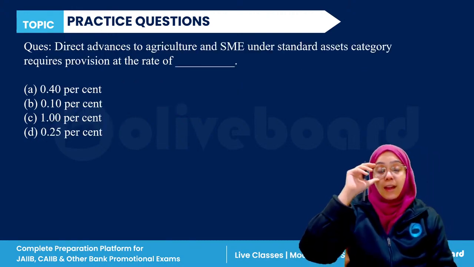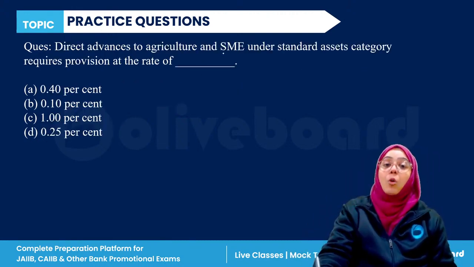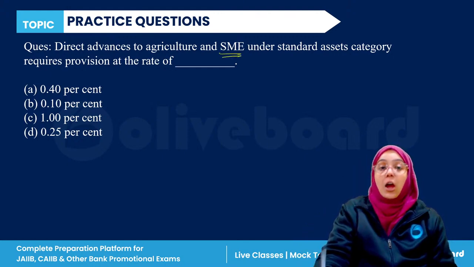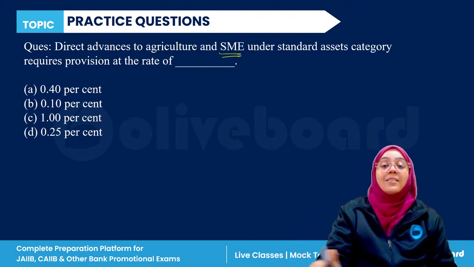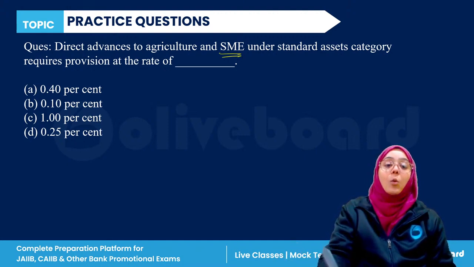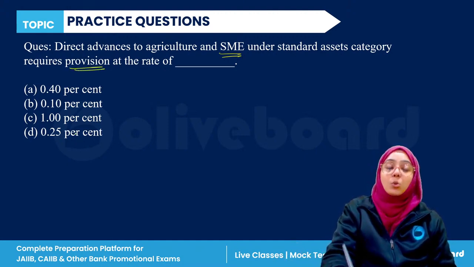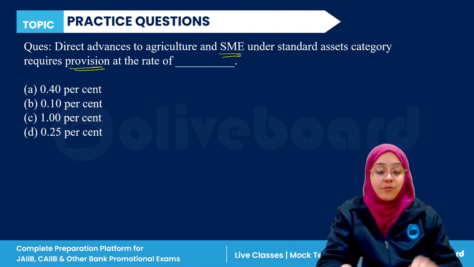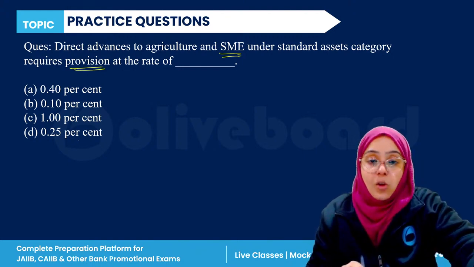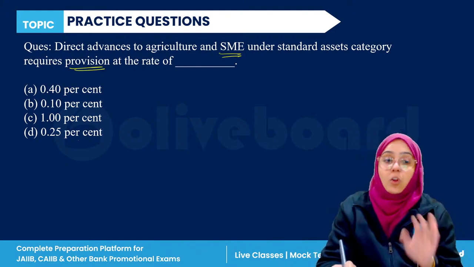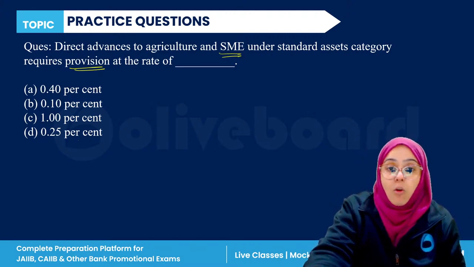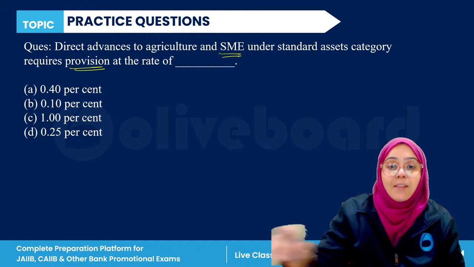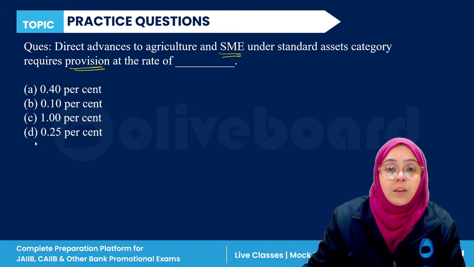Next question. Direct advances to agriculture and small and micro enterprises under the standard asset category require a provision at the rate of which percentage? It is a very easy question because it is related to simple figures.